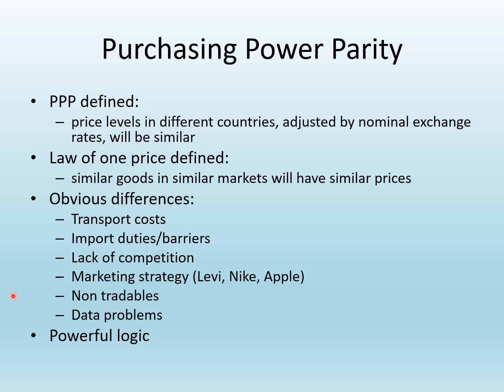The consequence would be that the price of hard drives in Rotterdam would increase because there's been an increased demand. The price of hard drives in London would decline because there's been an increase in supply, and the prices have to equalize, and that process has to continue until the prices equalize. So irrespective of all of these potential problems with the law of one price, it has a very powerful logic.